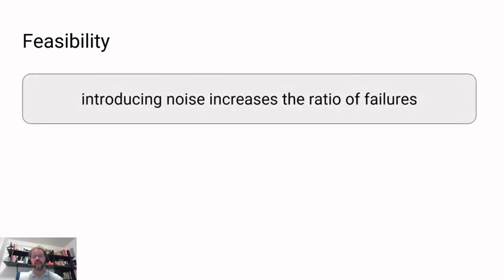First, we evaluated the feasibility of using Shaker. Our first research question tested whether our assumption behind the core idea holds. That is, we found out that introducing noise indeed increases the ratio of failures in time-constrained tests. More, we could argue that the noise generator is non-deterministic by nature, so we investigated whether we can rely on it.